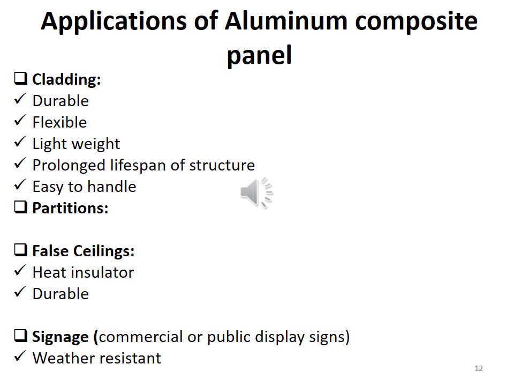So if we talk about the application of aluminum composite panel in cladding, due to the high durability and flexibility of aluminum composite panels, these are used for cladding in the interior as well as the exterior architecture.